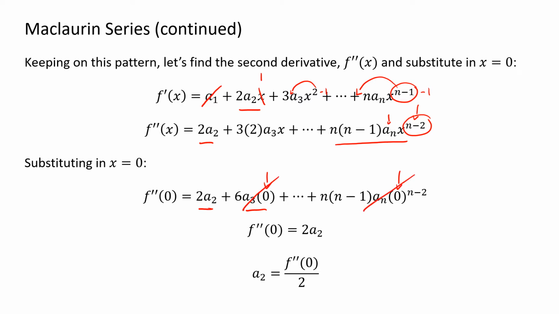What we're left with is our second derivative, when you substitute in x equals 0, is equal to 2 times a2. So to solve for a2, we divide both sides by 2. And what we're left with is our second constant is equal to the second derivative of f at x equals 0 divided by 2. Okay?